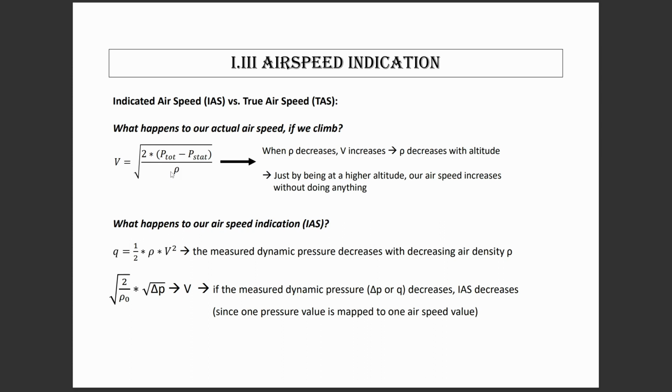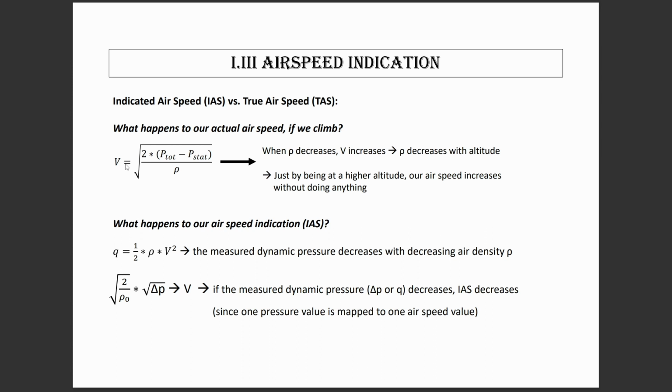Then, of course, we have a certain air density, and if that altitude happens to be mean sea level, for example, then our indicated airspeed is exactly equivalent to our true airspeed, because the reference density that we use for the mapping is exactly the same.